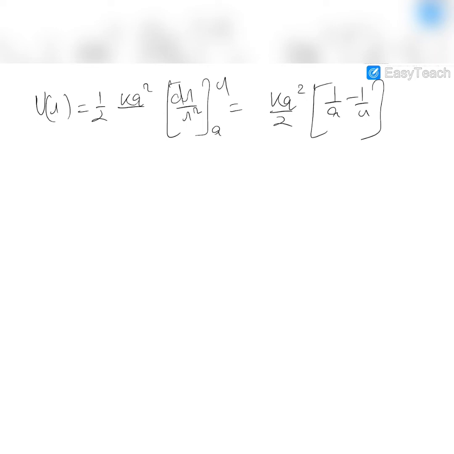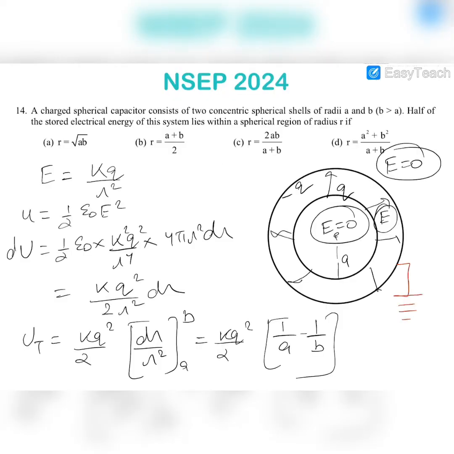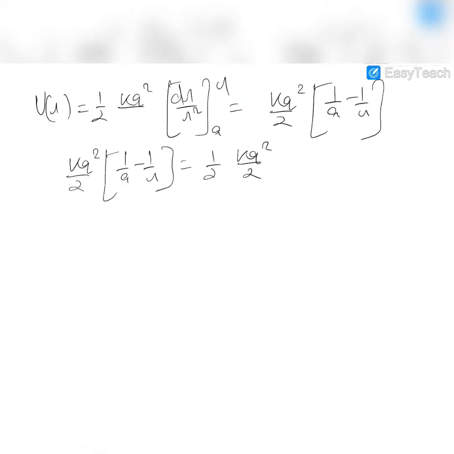So this energy is half of the total energy. So kq square by 2 times 1 upon a minus 1 upon r is equal to 1 by 2 of kq square by 2 times 1 upon a minus 1 upon b.